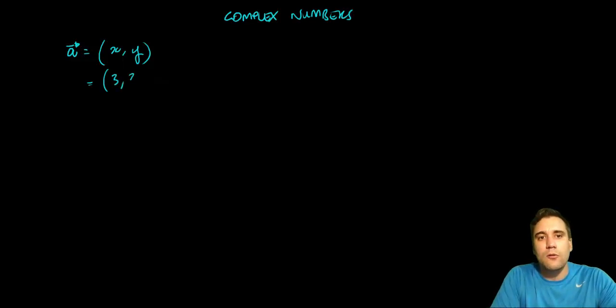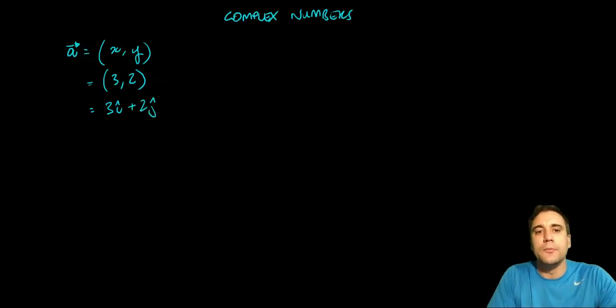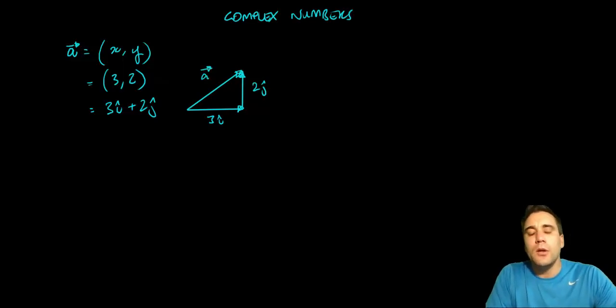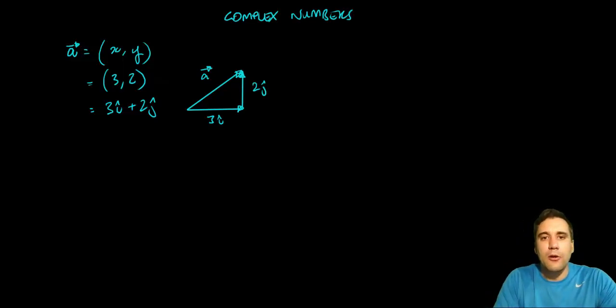So I think we used 3 and 2, and that was equal to 3i plus 2j, if you recall. And that meant 3 across, 3i, and 2j, where this was the vector A. Okay, so there's our mad minute on vectors, just recovered again.